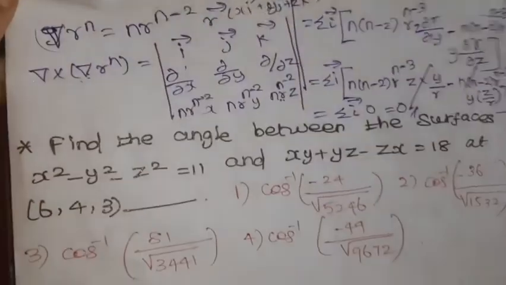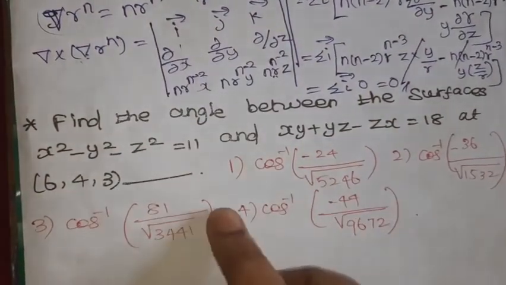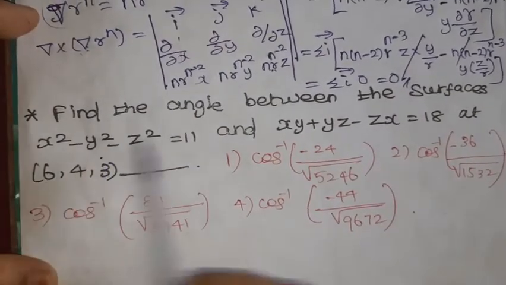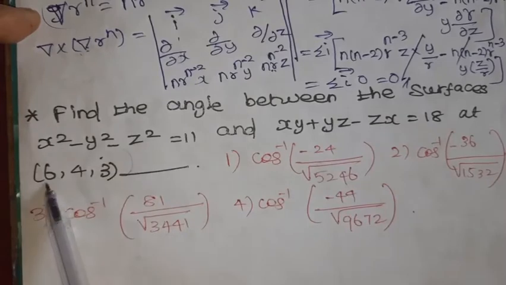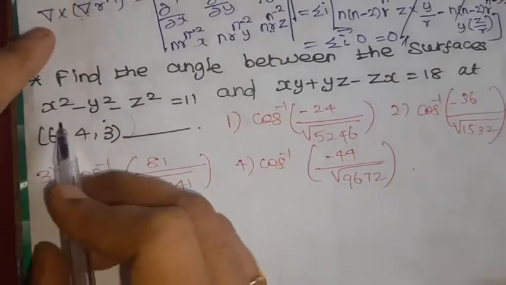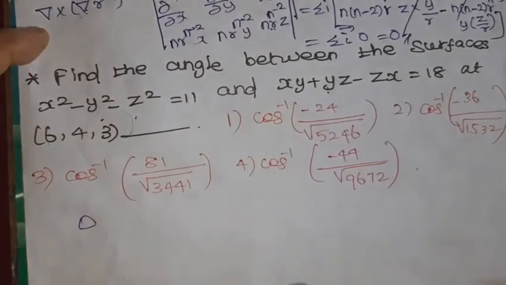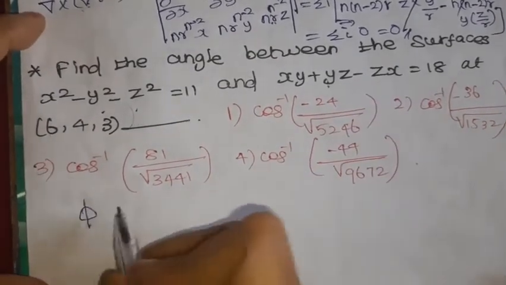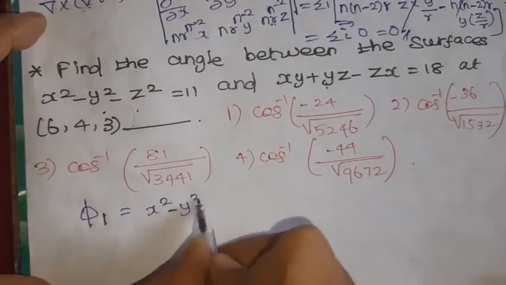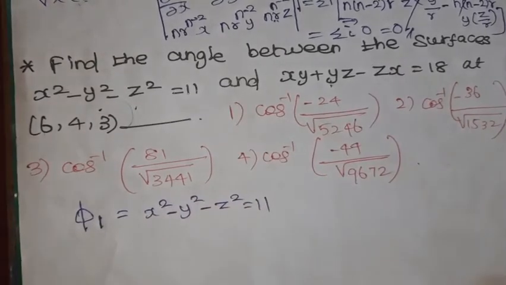Then we will find the angle between the surfaces given at this point. The same thing: take this as phi 1 and this as phi 2, or you can take this as phi and this as psi, whatever we can name. So phi 1 is equal to x squared minus y squared minus z squared equal to 11. So this is phi 1.